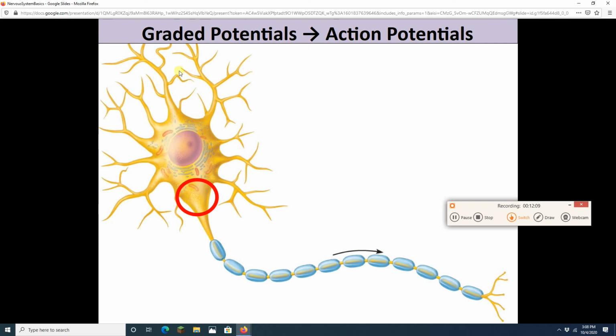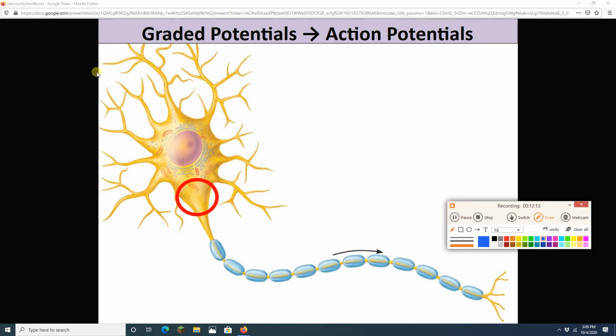Ideally, for a signal to go, let's say from this particular dendrite right here, all the way to this axon terminal over here, that means a graded potential must start there, travel down this dendrite, through the soma, all the way to the axon hillock.